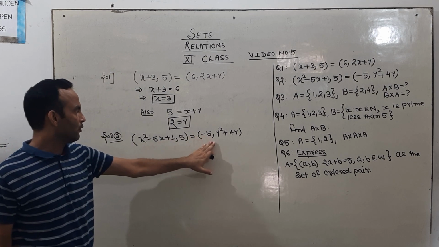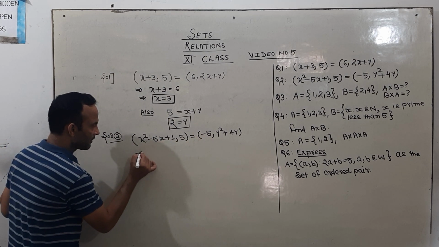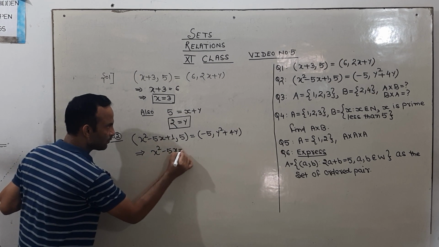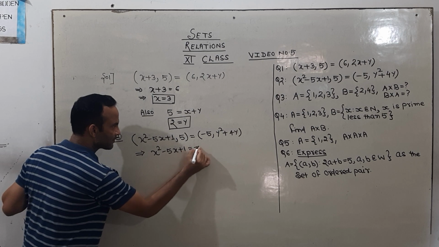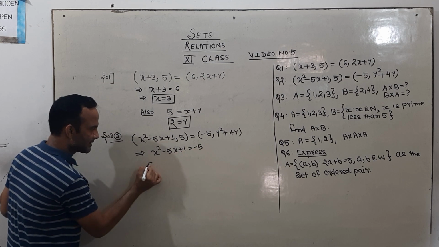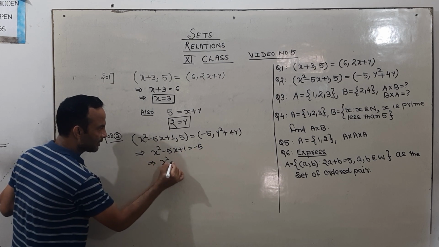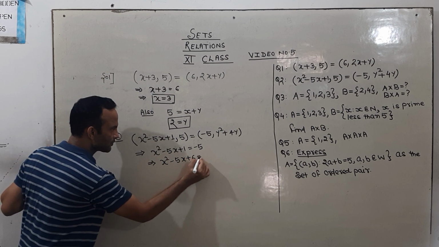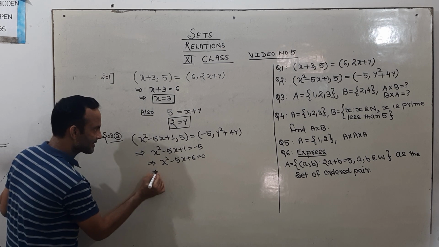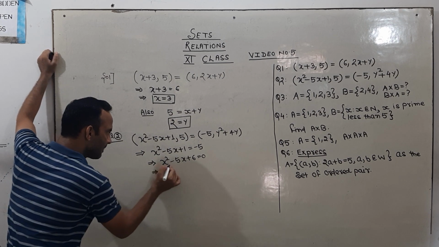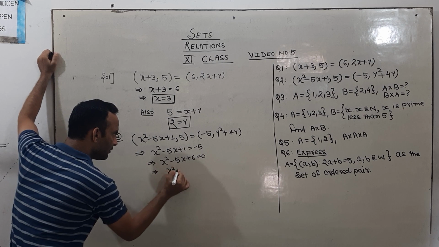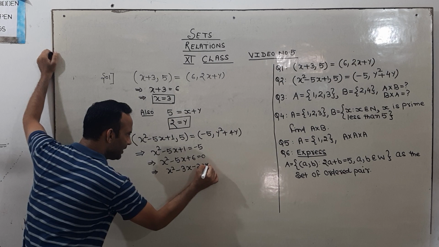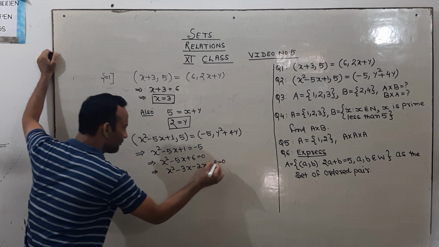These two ordered pairs are equal, means x square minus 5x plus 1 is equal to minus 5. Implies that x square minus 5x plus 6 is equal to 0. We can write it as x square minus 3x minus 2x by splitting the middle term plus 6 is equal to 0.